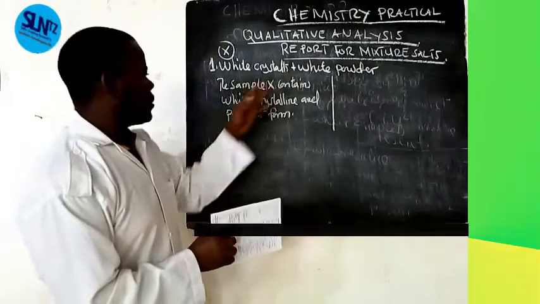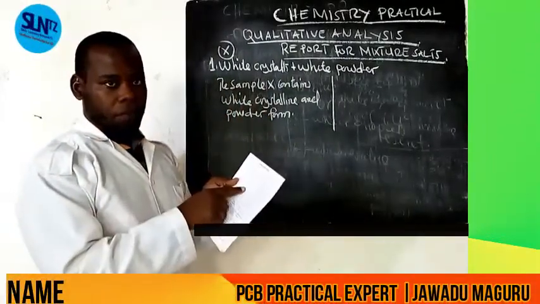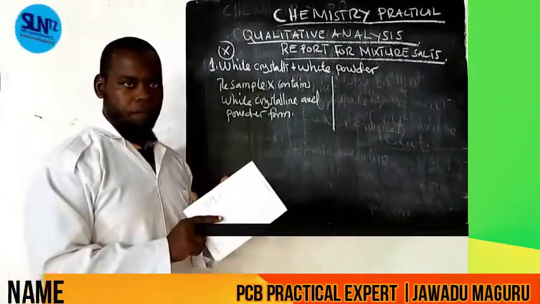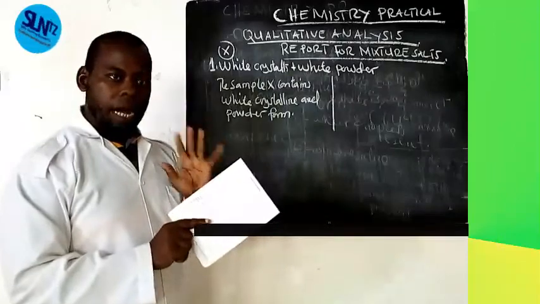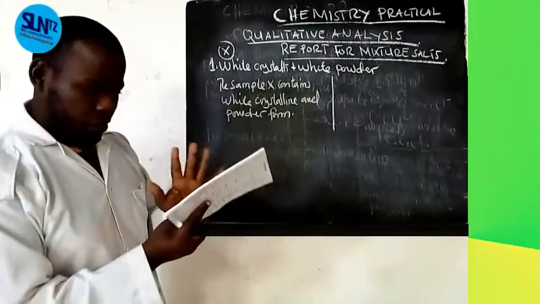As I have joined, I have taken white and crystalline form, and white and powder form. On the side of inference, you also have to join. Let's start with white.